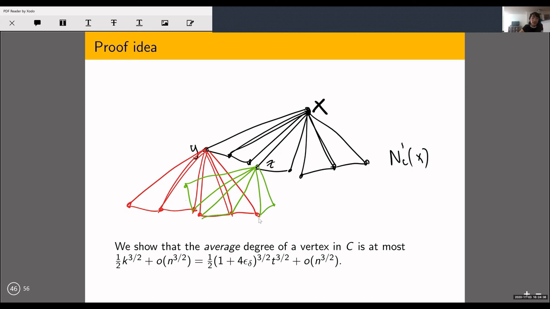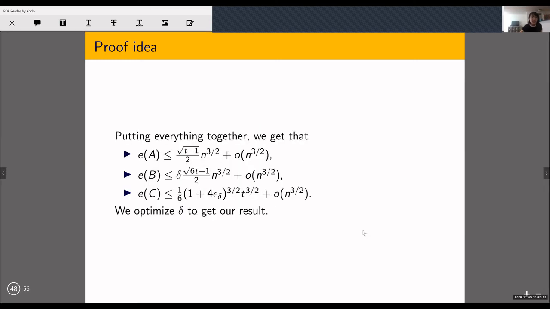And in particular, we can show an upper bound for the average degree of each vertex in C, which is given by this, so roughly 1/2 k to the 3/2, which is this value here. And so using this average degree, now we can get an estimate for the number of edges, of course, or not an estimate, an actual result.